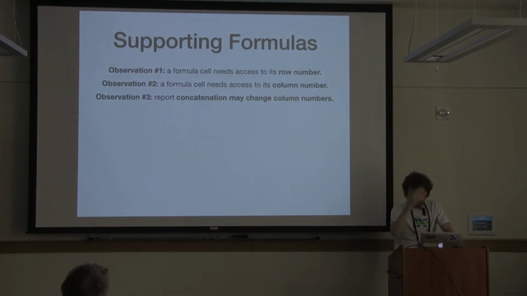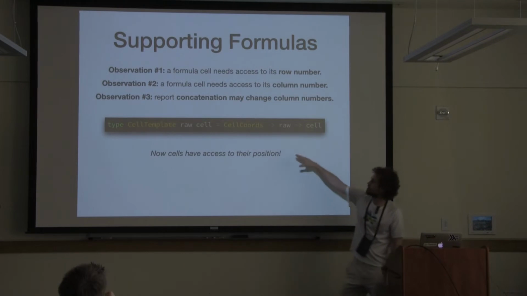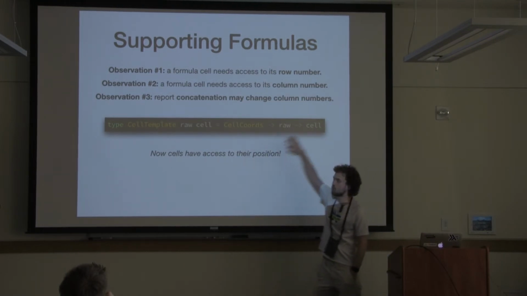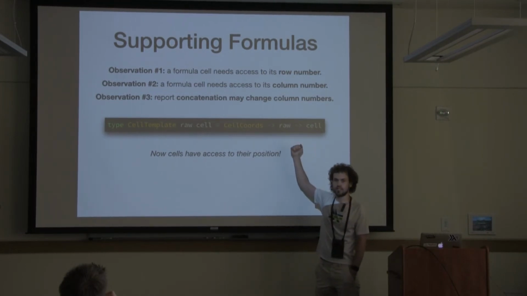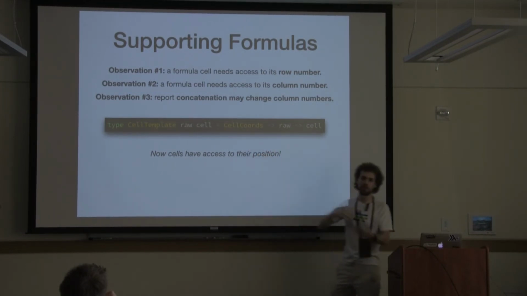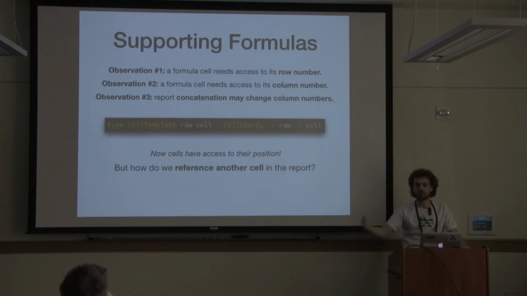So how do we deal with all these things? First of all, we can add cell coordinates directly into our cell template. So now our function takes both the data that it needs and its position, so it can know where it is and maybe make some relative computation, right? But we also want to reference other cells, and we don't want to say, I know that the cell should be like three columns away from me.